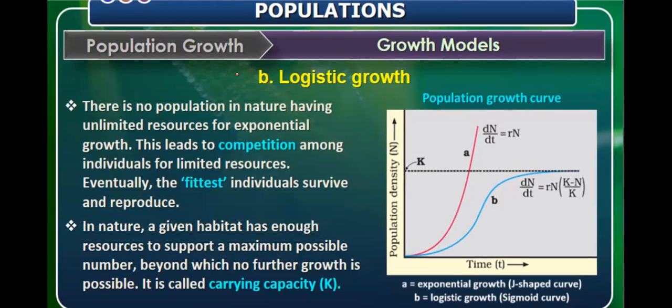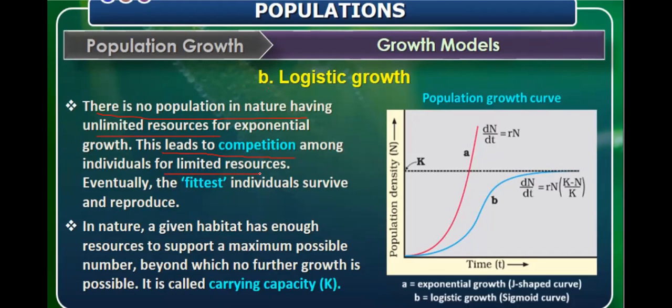Now, the second type of growth model is logistic growth. There is no population in nature having unlimited resources for exponential growth. So there are various factors which control resources in the environment. This leads to competition among individuals for limited resources.